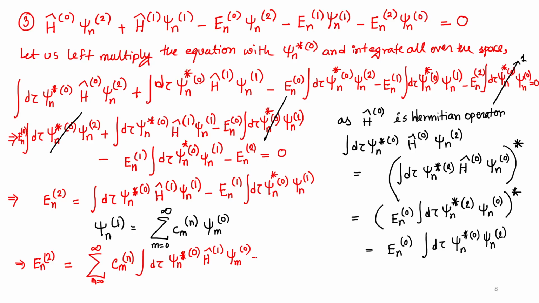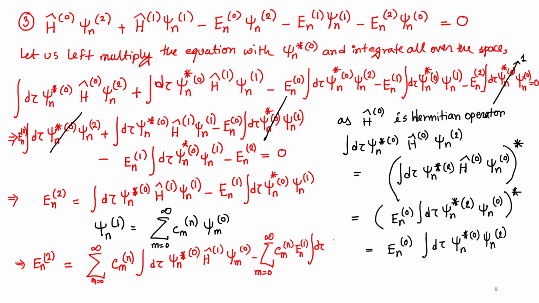Not much problem here, we have just here m equals 0 to infinity, Cmn En first order. Now we have d tau psi n 0th psi m 0th. Okay.